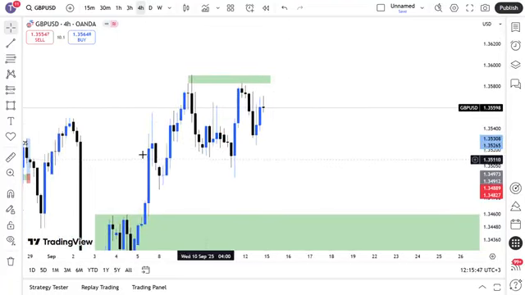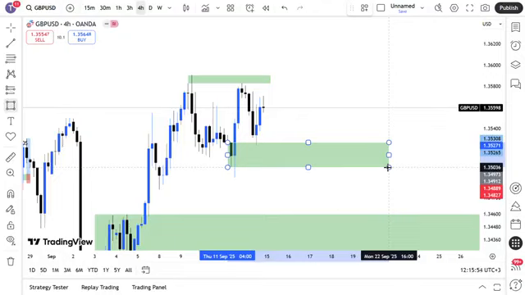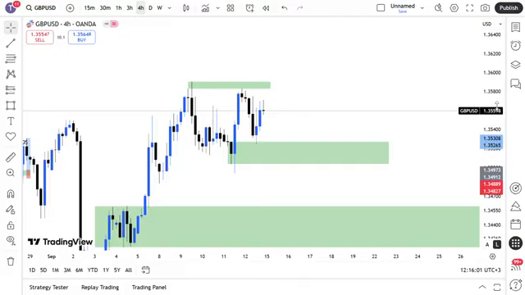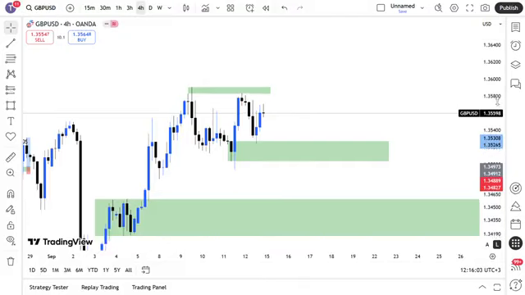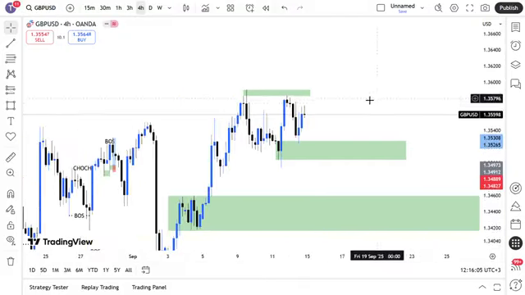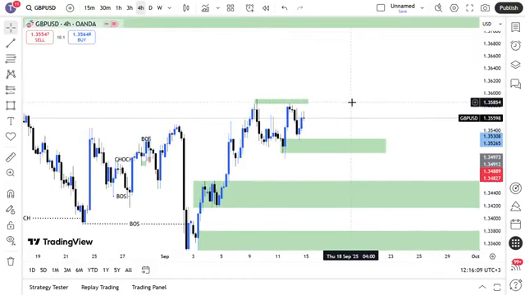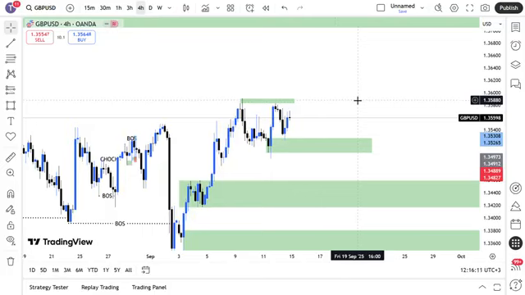You can see clearly GBP mitigated this order block, and you can see the reaction to the upside. But for now, on these pairs, GBP and EUR/USD, and also gold, I'm looking to buy. We will just see what happens, and we react with how the market will be reacting.